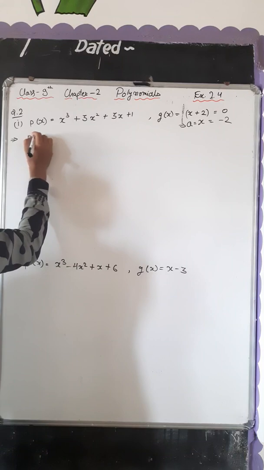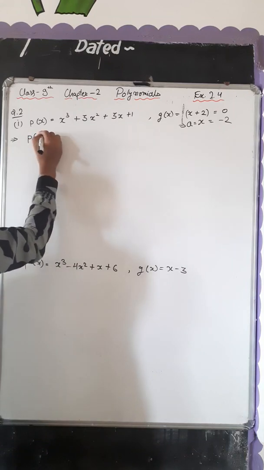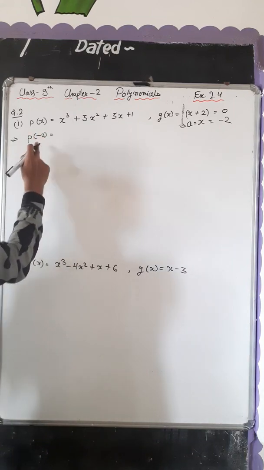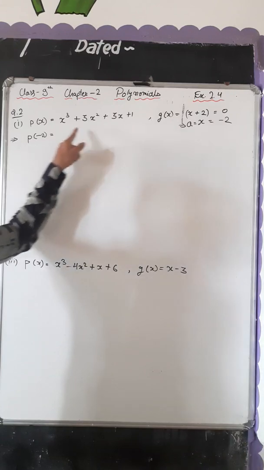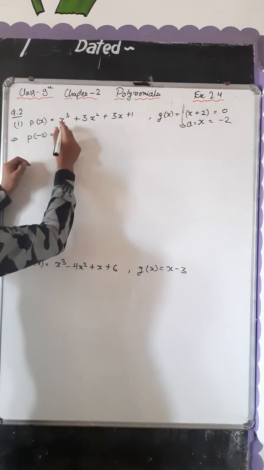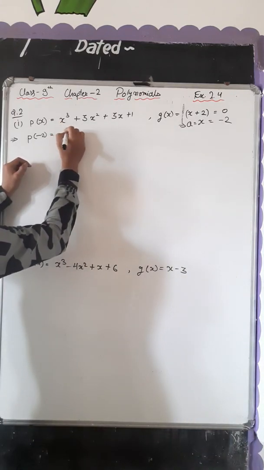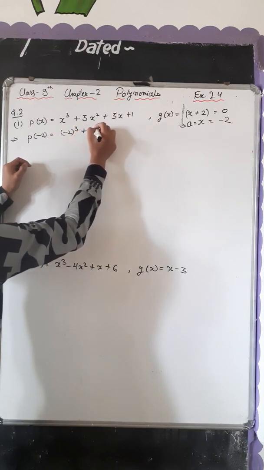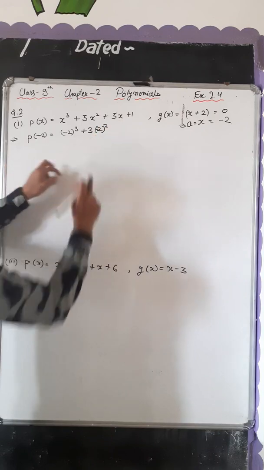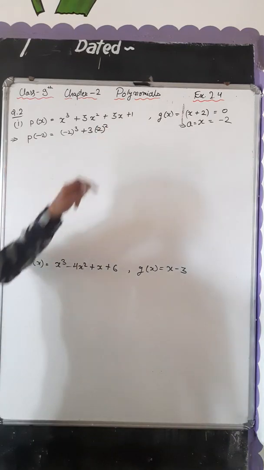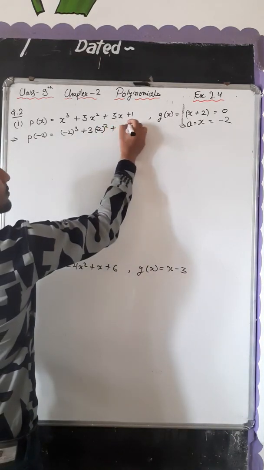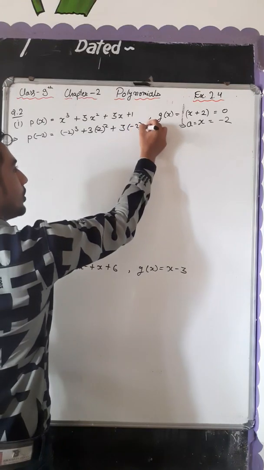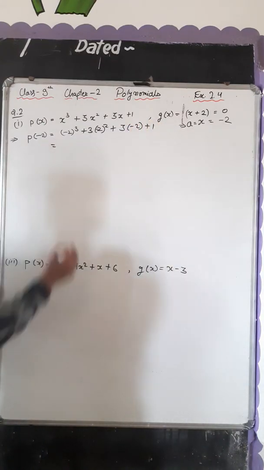Now put minus 2 in the polynomial. The value of x is minus 2. Minus 2 cube plus 3 into minus 2 square plus 3 into minus 2 plus 1.